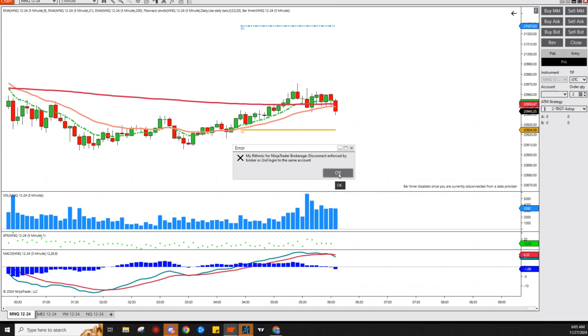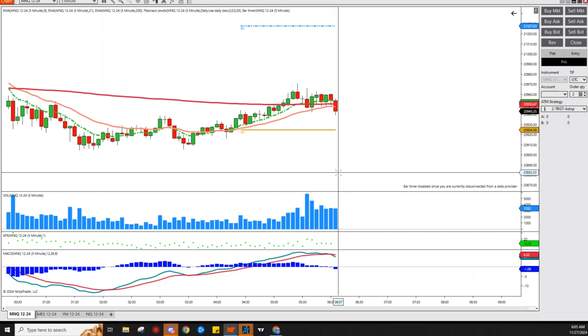Disconnected, enforced by broker on second login. That's fine. I'm not worried about that. Just want to make sure I get the same one on my laptop. So that's the reason for that.